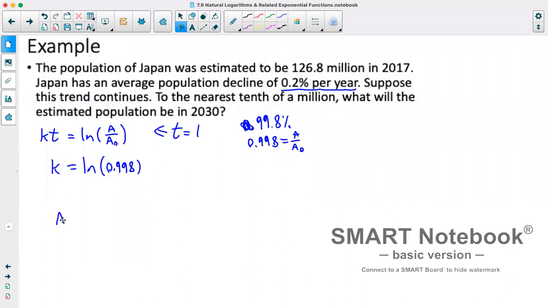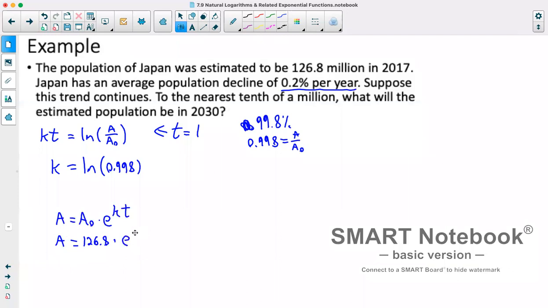So we now want to figure out what the population would be in 2030. So we have A equals A naught times Euler's number to the power of our growth factor times time. So we've got A is equal to 126.8 million. I'm not going to write this out with all the zeros. Instead, I'm just going to put 126.8, and because this is in the millions, our answer we get here will be in the millions.